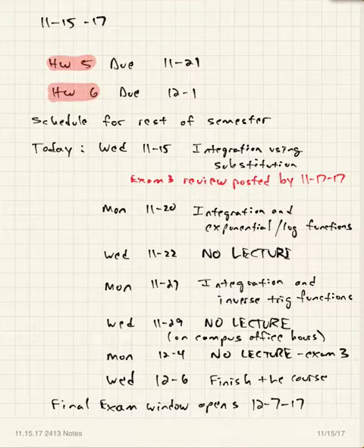One thing I want to point out is that this week, the Exam 3 review will be posted by Friday. I've started working on it, and hopefully I'll get it up by tomorrow, but at the very latest by Friday. So be looking for the Exam 3 review. Also, there will be a take-home problem on Exam 3.